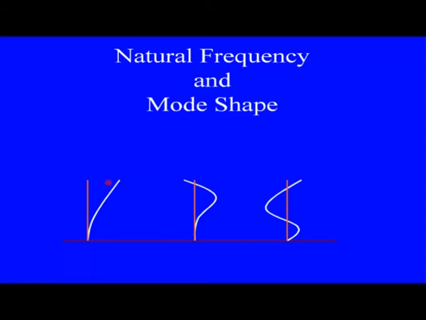That means here one limb is sufficient, here you require two limbs, and here you require three limbs. Otherwise I can say here you require less energy, compared to this you require more energy, and compared to this you require still more energy. So to get different mode shapes you require different energy. This is called the first mode shape, this is called the second mode shape, and this is called the third mode shape.